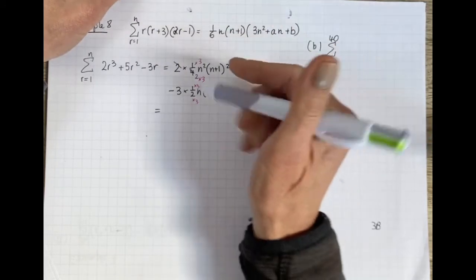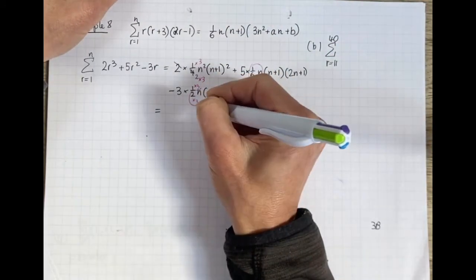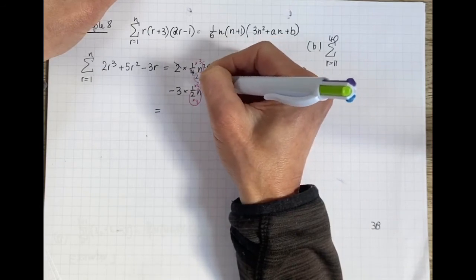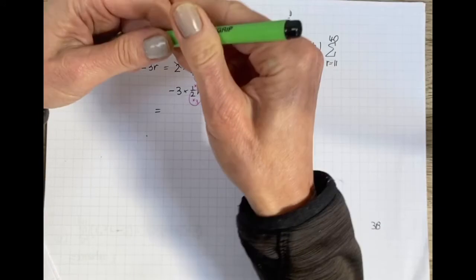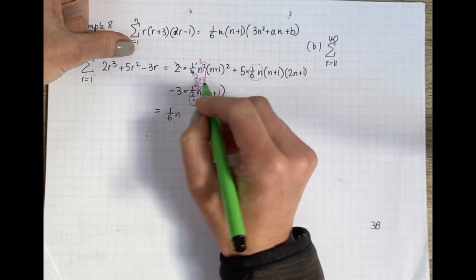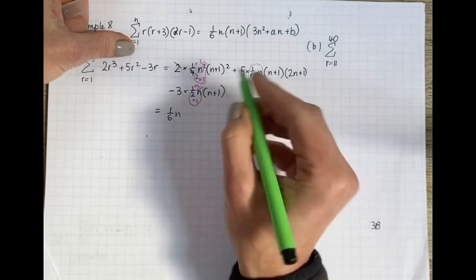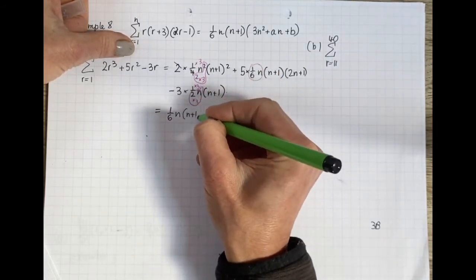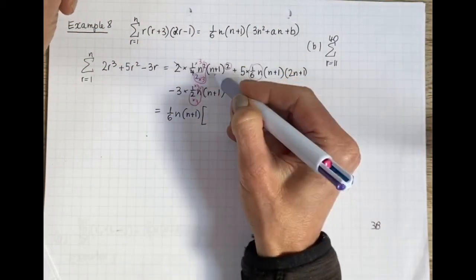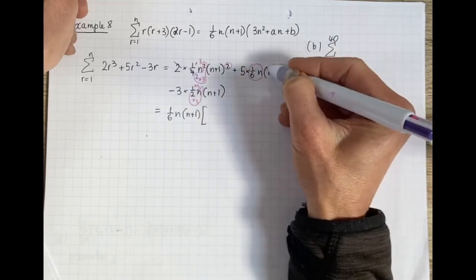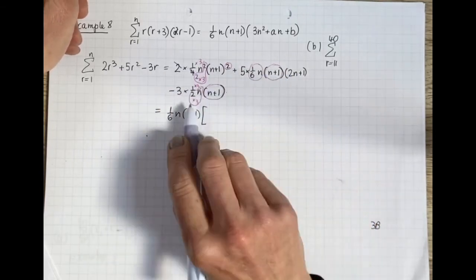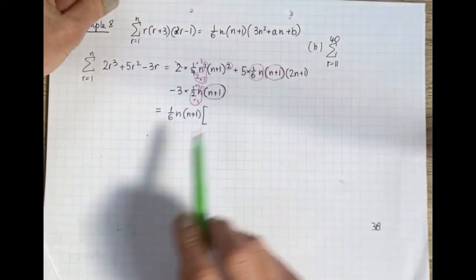So if I take out 1/6 of n, I'm circling the bits that I'm taking out, so I'll circle a square because I'll be leaving n. So I'll have 1/6 of n, but I've also noticed that n plus 1 is a common bracket, so I'll also take n plus 1 out. So I'll be getting rid of 1 of n plus 1, so I'm circling the squared. I will take that out of the question, and this as well. So whatever I haven't circled will need to be put into the big bracket and tidied up.